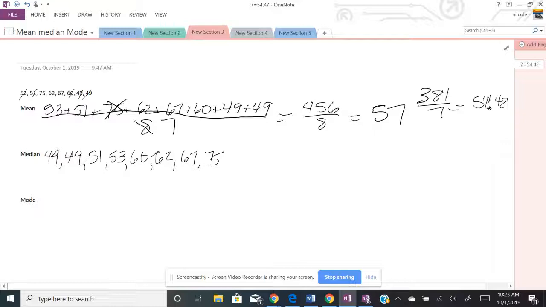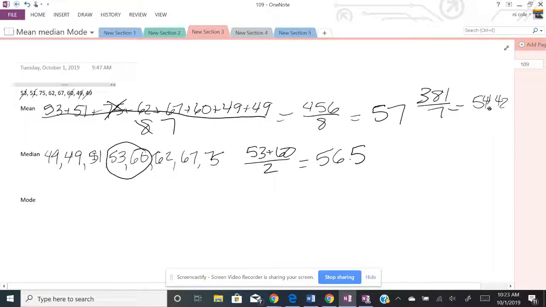So I'm looking for my middle two, which happen to be these. Okay. So I'm going to have 53 plus 60 divided by 2, which gives me 56.5.